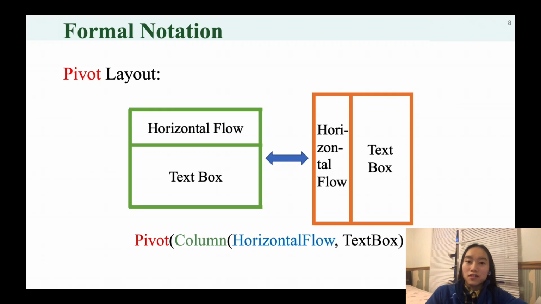Our notation can also specify how layouts change in response to changing UI sizes. For example, we define a pivot layout to encode more flexibility into the layout design. The pivot layout allows the solver to turn horizontal arrangements into vertical ones and vice versa using all constraints. It could represent the all constraint column or row, or the all constraint horizontal flow or vertical flow.